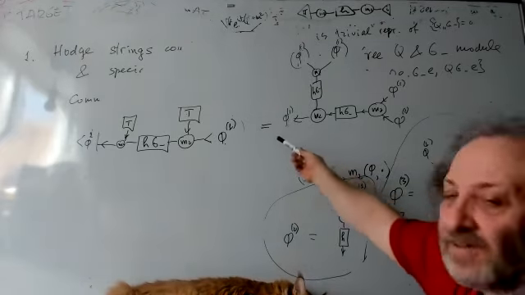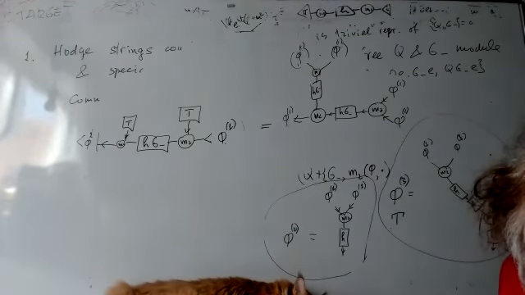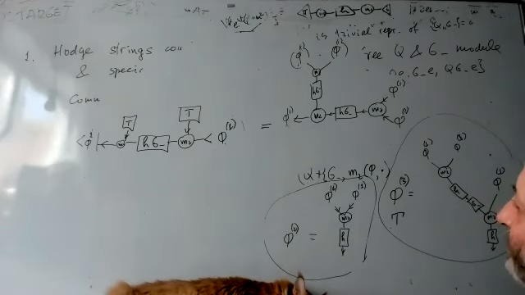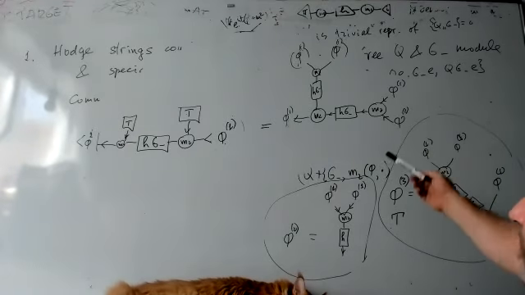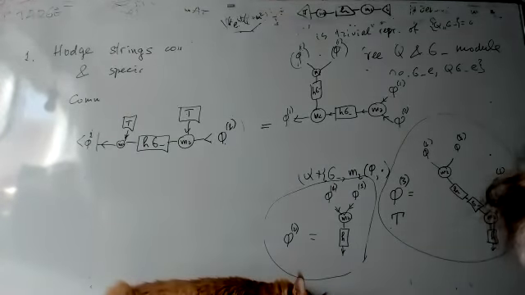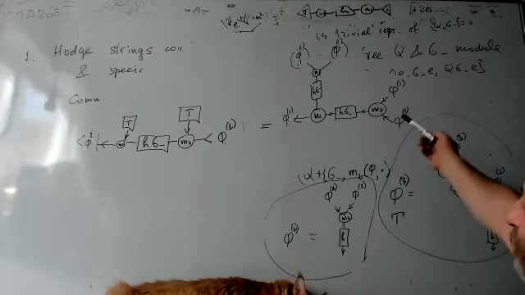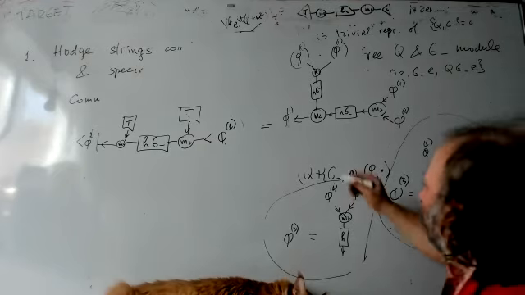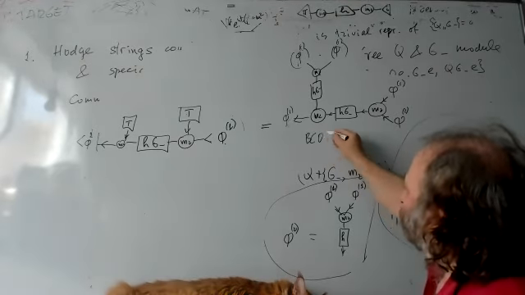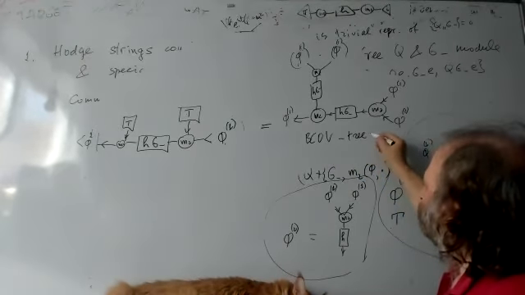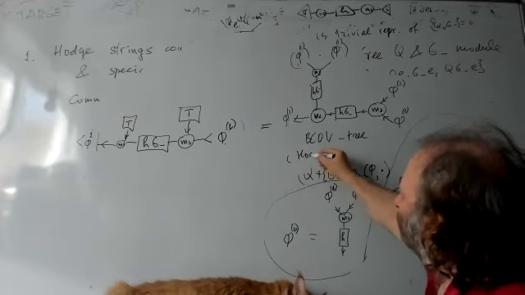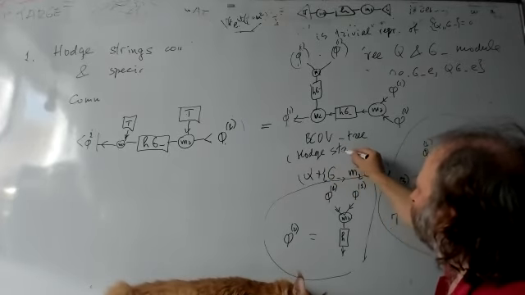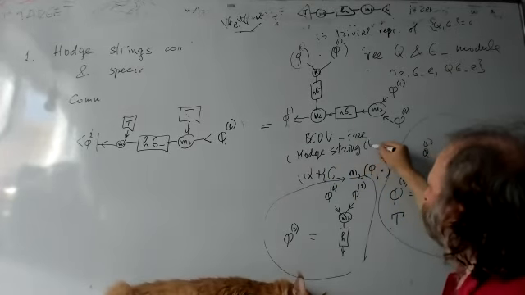So what I wrote here: first there is an equality. It means that there are two sides, left-hand side and right-hand side. In the right-hand side, I drew a graph. I drew a tree. That is the BCOV tree, or you may call it Hodge string at the tree level.